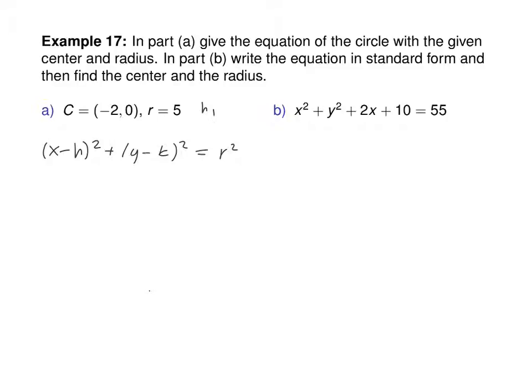And h comma k, those are the coordinates of your center. Okay. So when you plug in the center, you get x plus 2 squared plus y squared equals what? 25, or 5 squared. If you left it as 5 squared, I'm not unhappy.